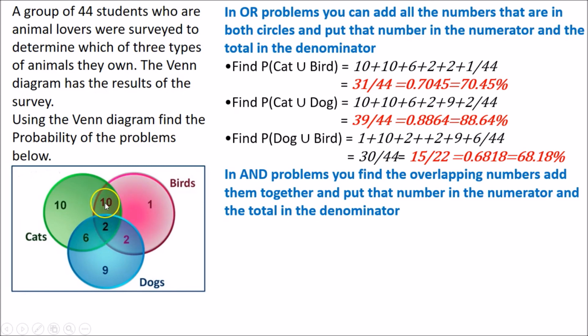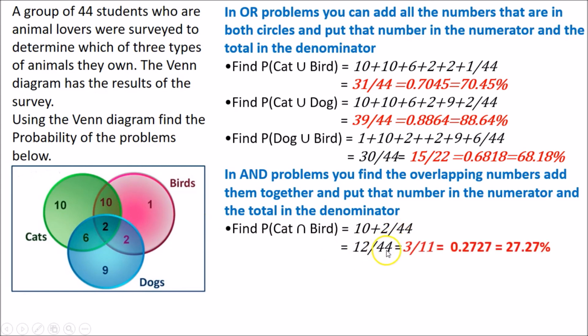So we're going to add the 2 to the 10, that's going to give us 12, and then we're going to put that over our 44. So when it's an AND statement, we're just going to add the numbers that are the overlapping part, and then we're going to put that over our total. So that's going to give us 12 over 44. This one does reduce, again, to 3 over 11. So that's 0.2727, which is 27.27%.